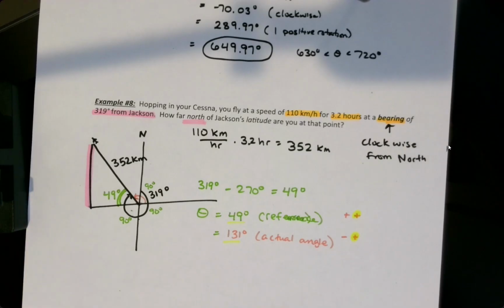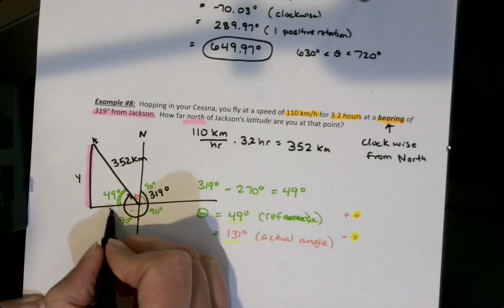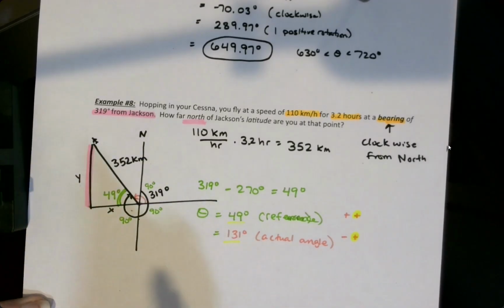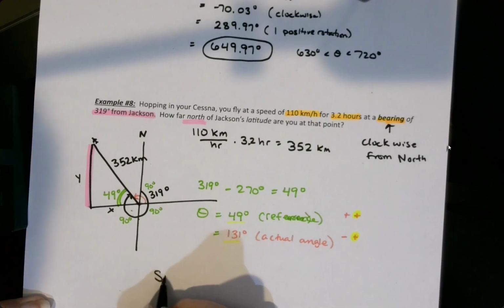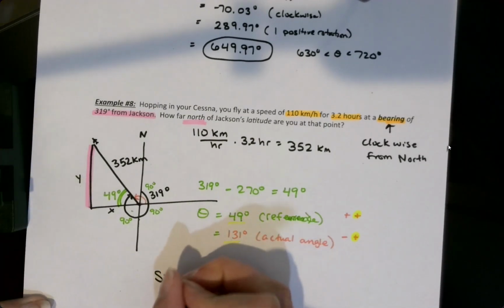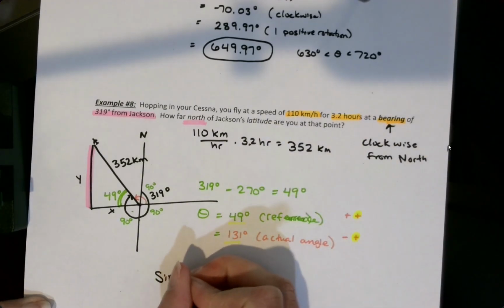All right, so let's go ahead. We're looking for this side. I'm going to call it y, just because x would be the x coordinate, y would be the y coordinate. And we're going to say that we know that the sine of, doesn't matter which of these, let me go ahead and use the actual angle.